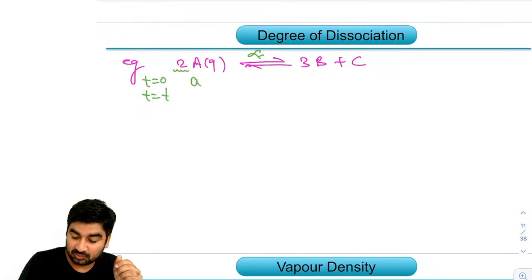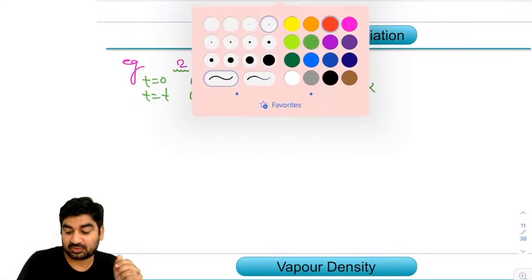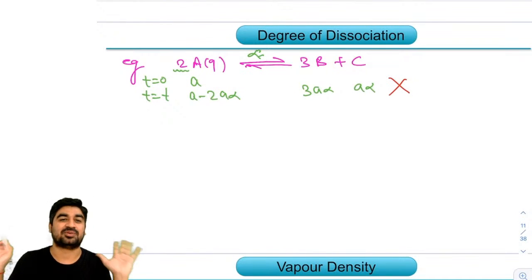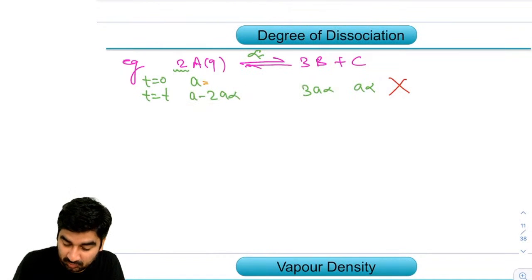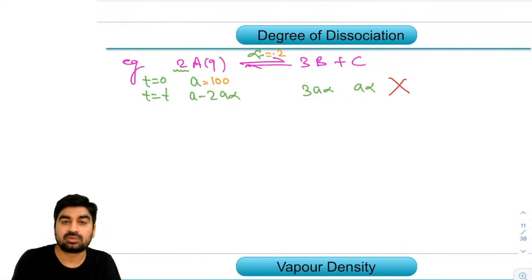So many of you will write A minus 2A alpha, A alpha and A alpha. And students, I'm telling you guys, this is wrong. Why is this wrong? Now I will explain this. Suppose initially you took 100 mole, and your alpha is 0.2.